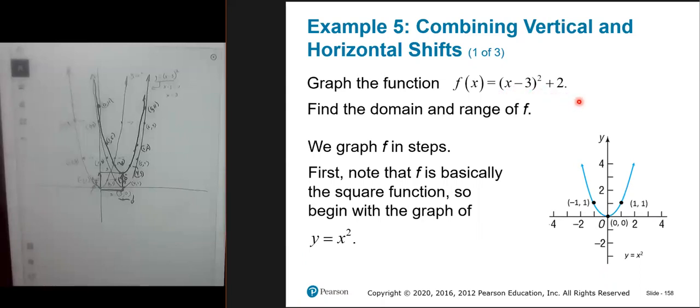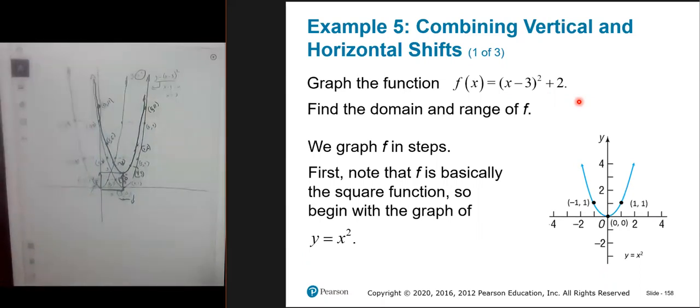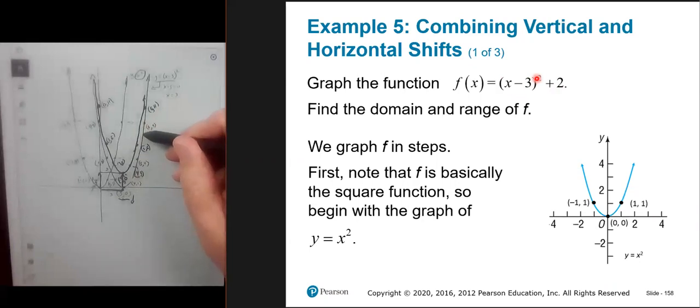Yeah, I understand. Okay. The parent function is x squared, right? That's the parent function, and I'm going to add 2 to it. Well, this is the parent function here, which gives me this second graph I did here.